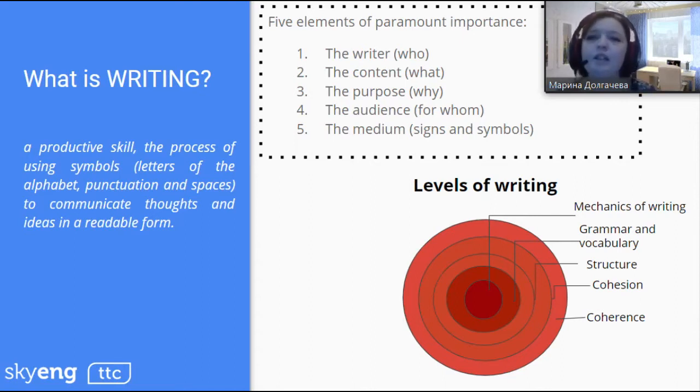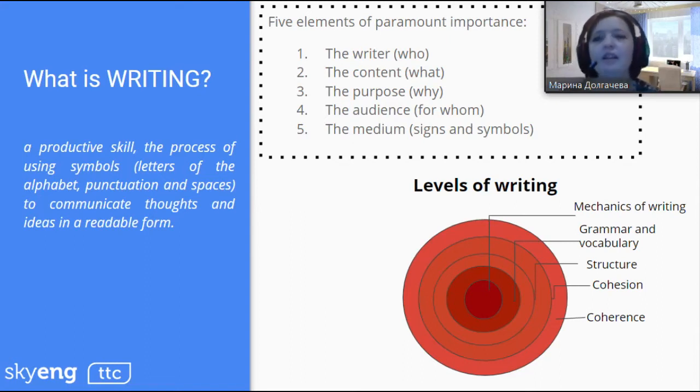But what is even more important, the higher levels of writing are those which are connected with the structure of the piece of writing the student is going to write, and cohesion and coherence.